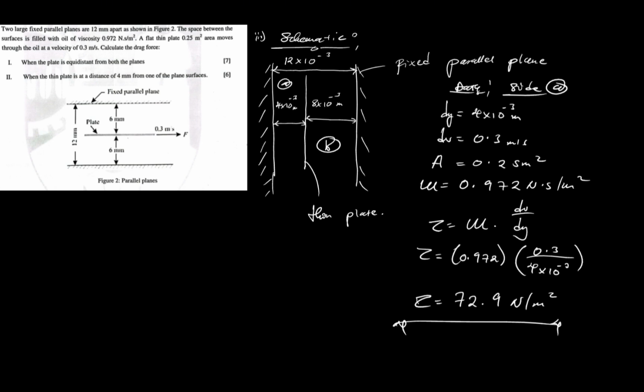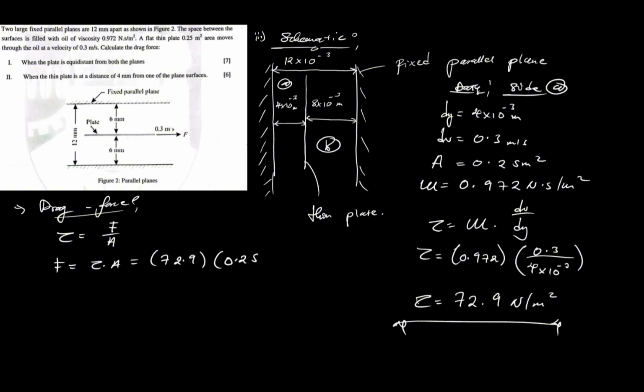But we need to calculate the drag force on section A. So this implies that the drag force, remember, will be found by relating the formula for shear stress, where we say shear stress is equal to force over area, and the force will be equal to the shear stress times the area, of which the shear stress is 72.9 times the area, which is 0.25.